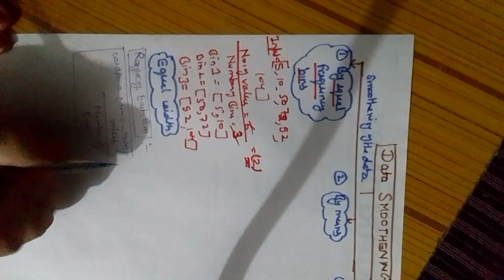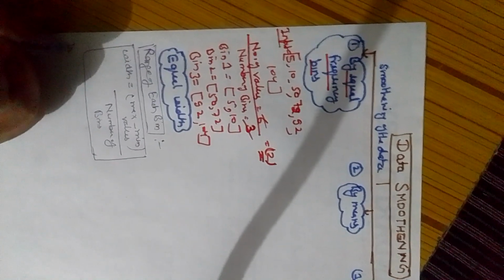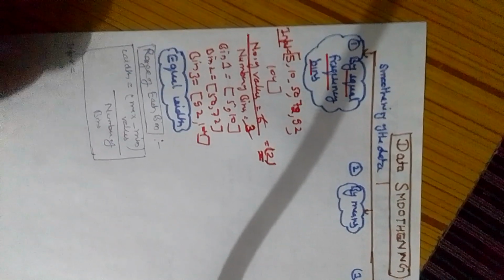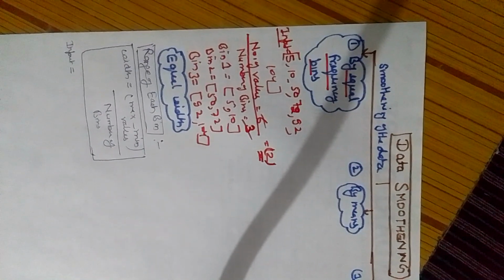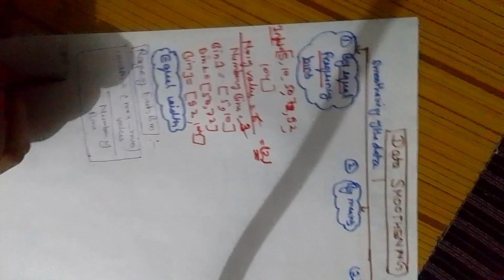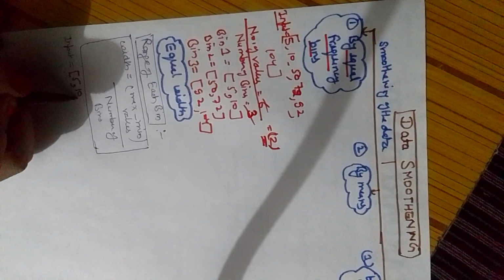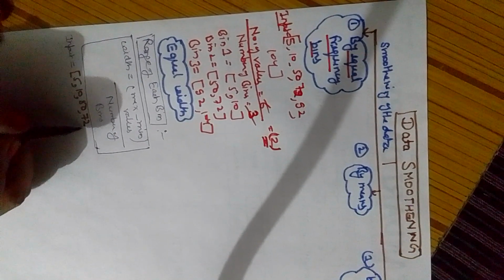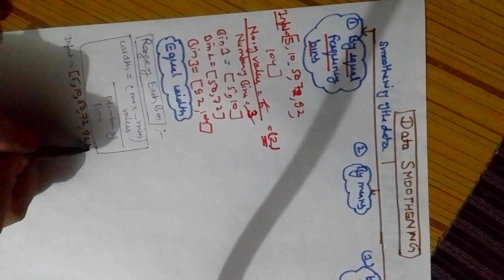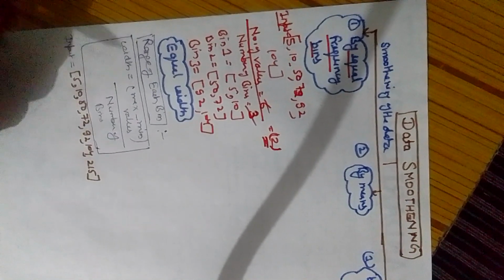Now we'll take one example here. We have one input data: 5, 10, 50, 72, 92, 104, 215.